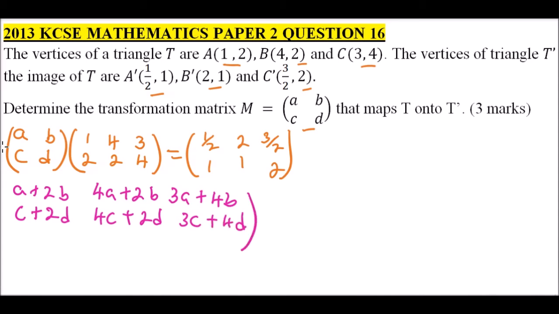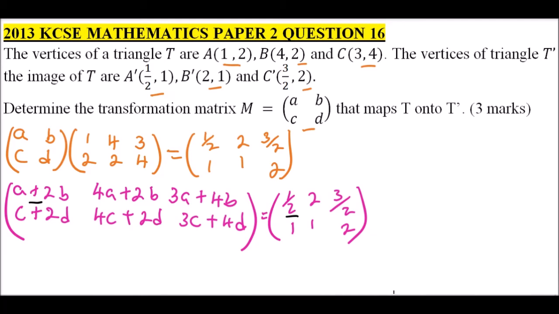So that matrix is equal to the matrix I have: a half, 2, 3 over 2 on the top row, and 1, 1, 2 on the bottom. When we equate the matrices, the equivalent elements are equal, and we use simultaneous equations.